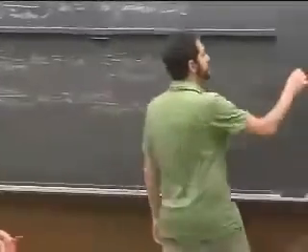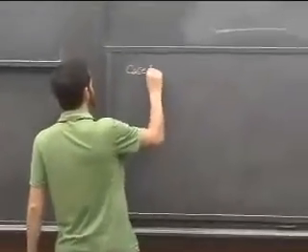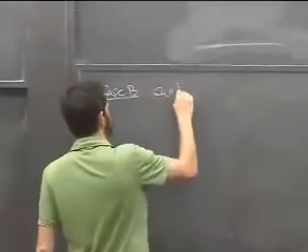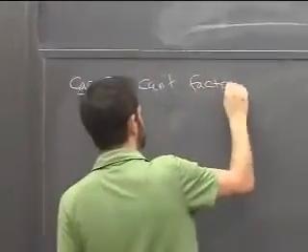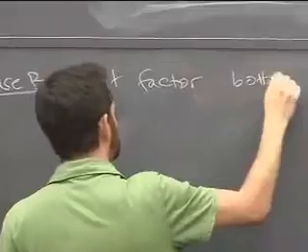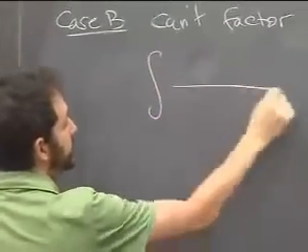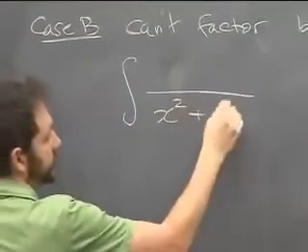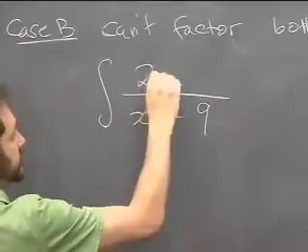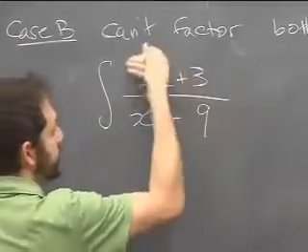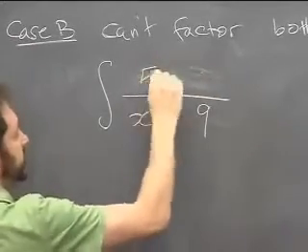If you cannot factor the bottom, well, the most common case is where you have, for example, 5x plus 3 over x squared plus 9.